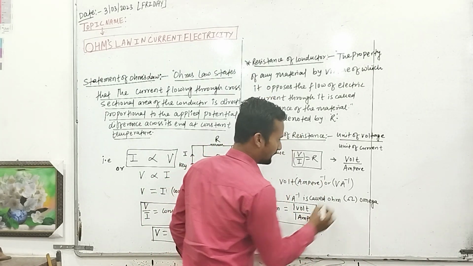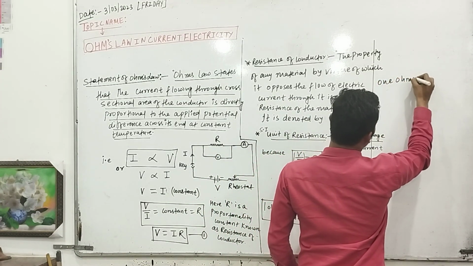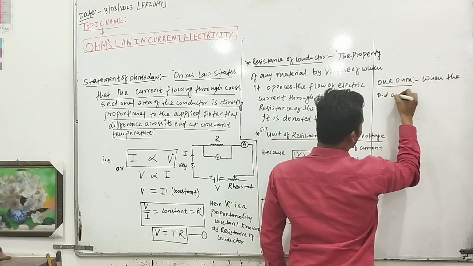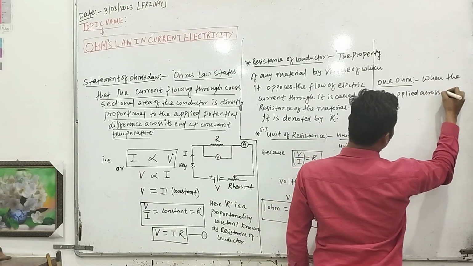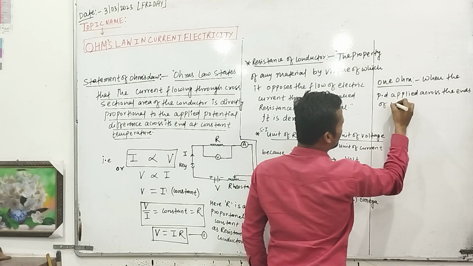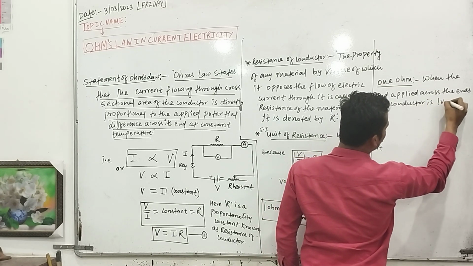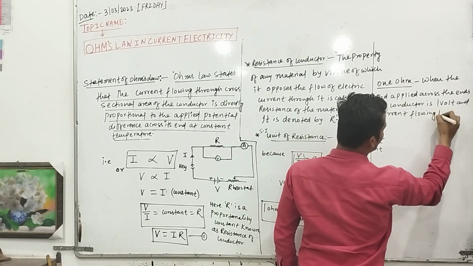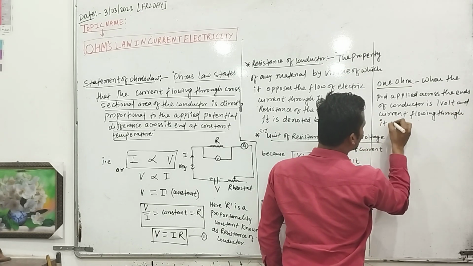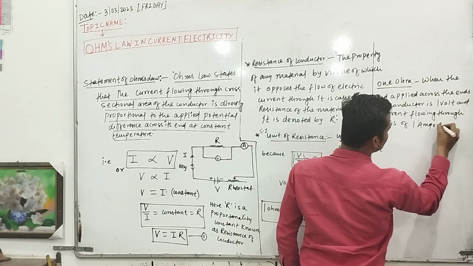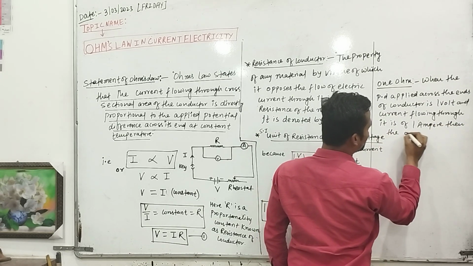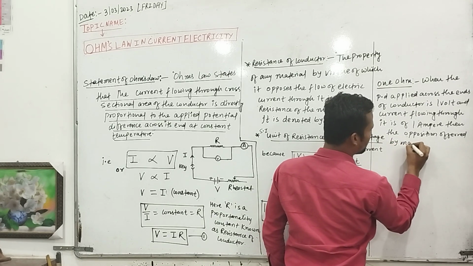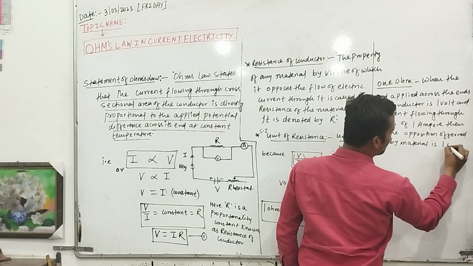So I will write it for you. 1 ohm: when the potential difference applied across the ends of a conductor is 1 volt and the current flowing through it is 1 ampere, then the opposition offered by the material is 1 ohm.